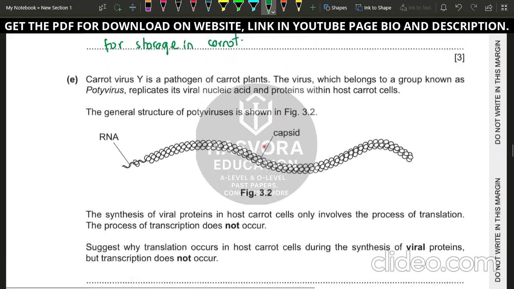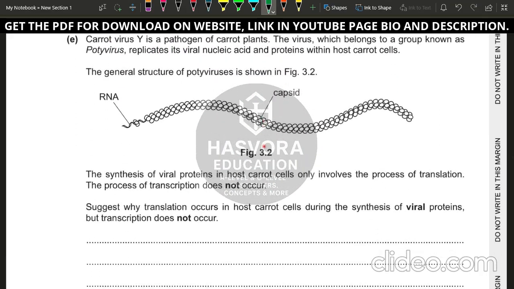Let's move on to part E. Carrot virus Y is a pathogen of carrot plants. The virus, which belongs to the group known as the potyvirus, replicates its viral nucleic acid and proteins within the host carrot cells. The general structure of the potyvirus is shown in figure 3.2.